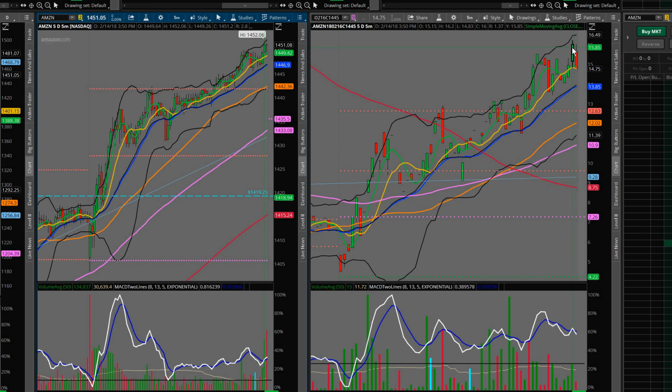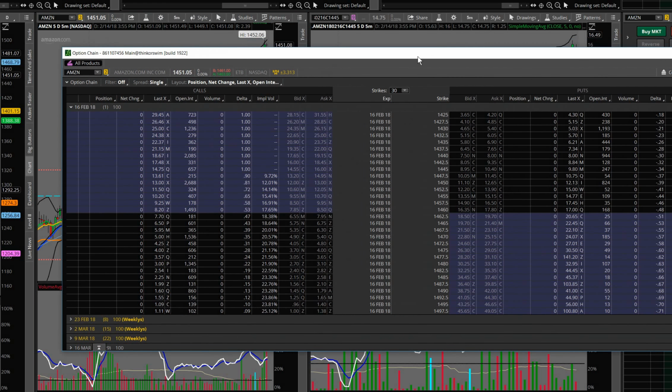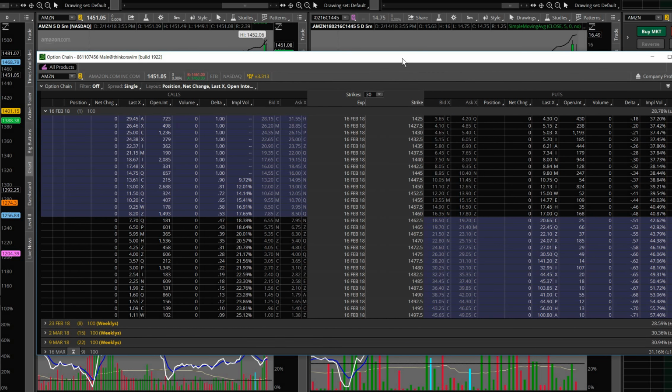Now, as Amazon accelerated, the premium, or the delta on the option, could build, and I'm going to bring that screen over real quick. So I'm using Thinkorswim, and this is an options chain. I don't normally have this in the foreground. I keep it hidden. But I will come over here, and I look at delta and implied volatility. I'm more concerned with delta.